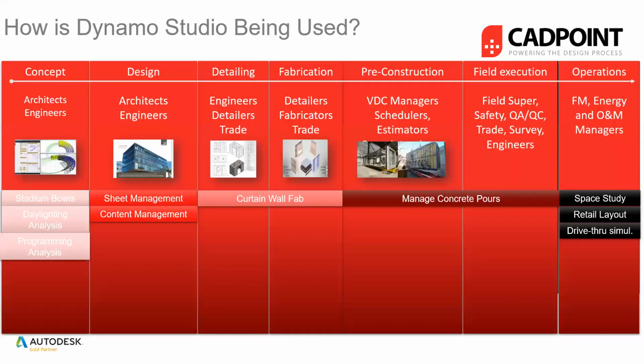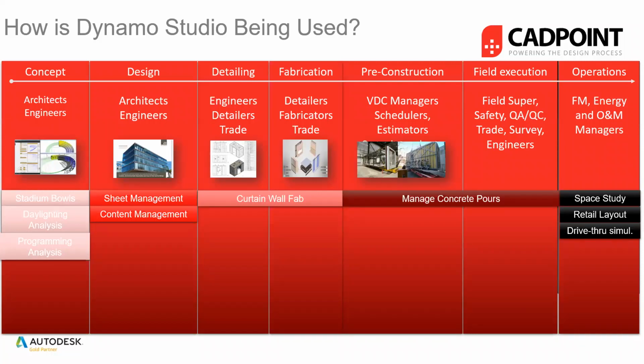So how is Dynamo currently being used? At the concept stage, you might have architects and engineers creating stadium layouts, daylighting analysis, programming analysis, then moving through to maybe the more practical design stage, sheet management, being able to create sheets automatically within a Revit file, saving you having to create tens or 20s or hundreds of sheets for a particular drawing.